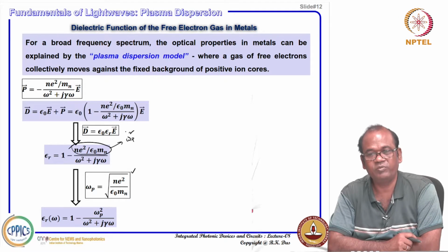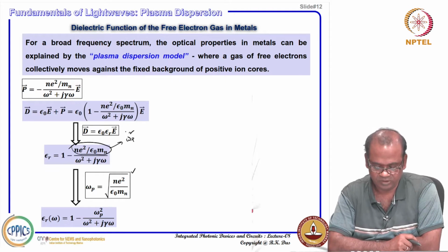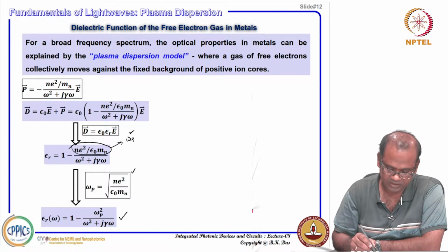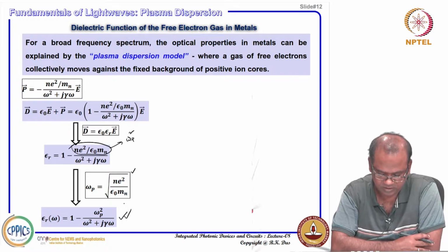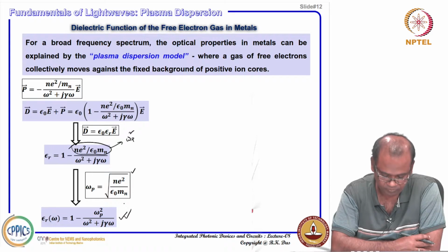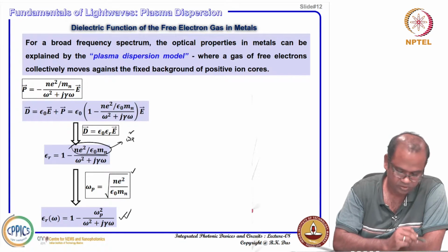Why it is called plasma frequency will be clearer after some time. If we consider that, we get a very nice equation like this, omega p square. Of course, it is proportional to the carrier density. So, more carrier density, omega p will be more, that is fine, right.